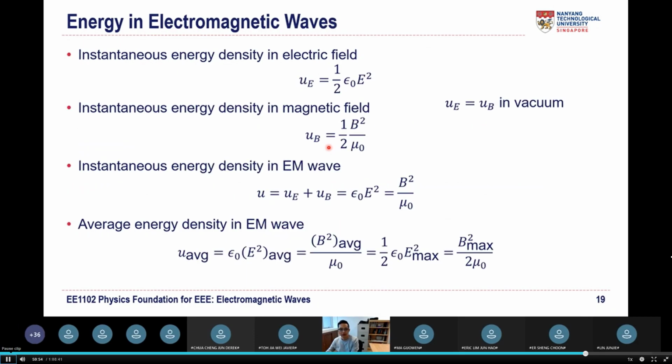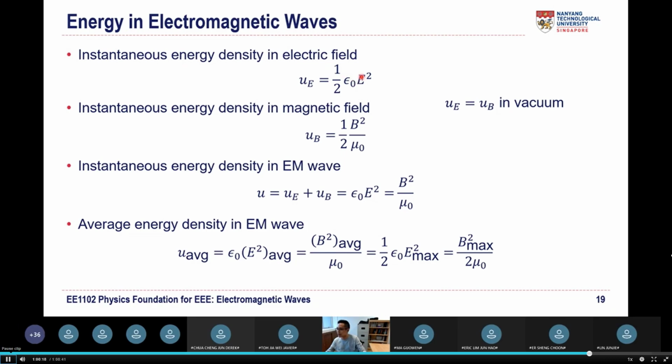So I think earlier on, we talked about how electric fields can store energy, in a capacitor and so on. So that equation, we can also use it to find out how much energy is stored instantaneously. Why do I call it instantaneous?